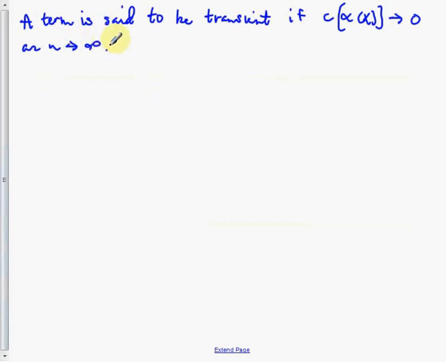So a term is said to be transient if that term goes to 0 for its limit, right? If it goes to 0, we say that it's transient. If it doesn't go to 0, then it's not transient.